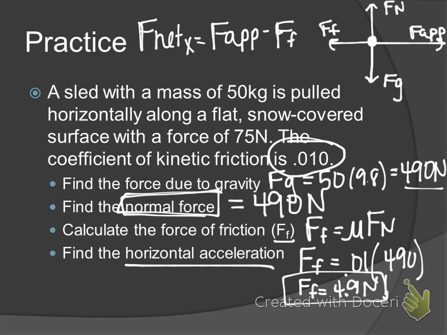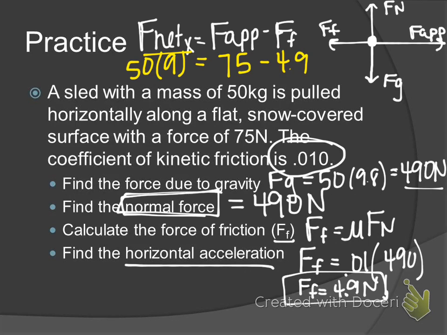Do we know force applied? Yeah, what is it? 75. Yeah, 75. We know our frictional force is 4.9. And what can we substitute in F net for? Mass times acceleration. Good. MA. We know our mass, which is 50.